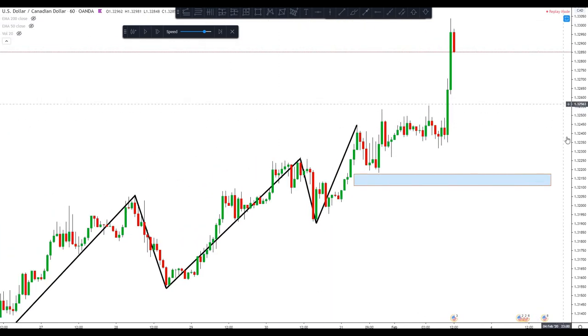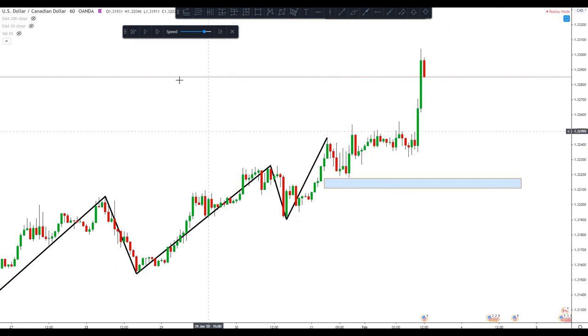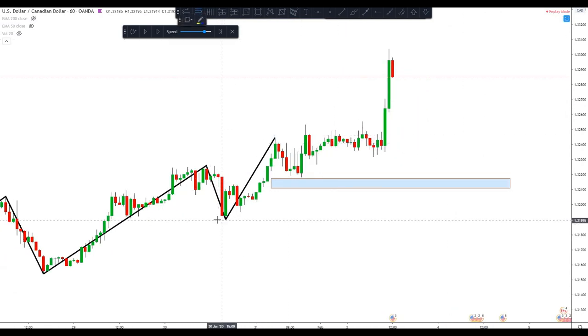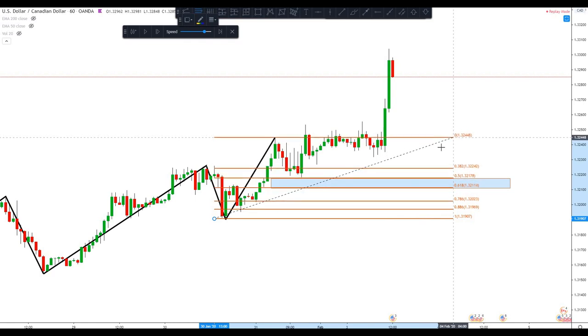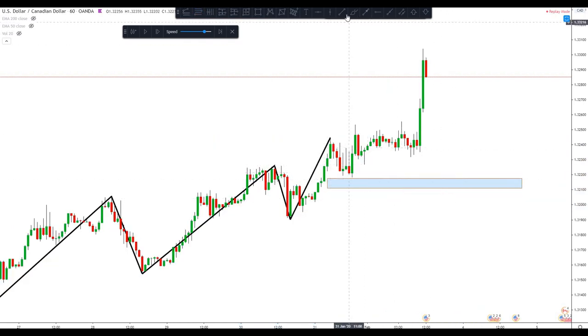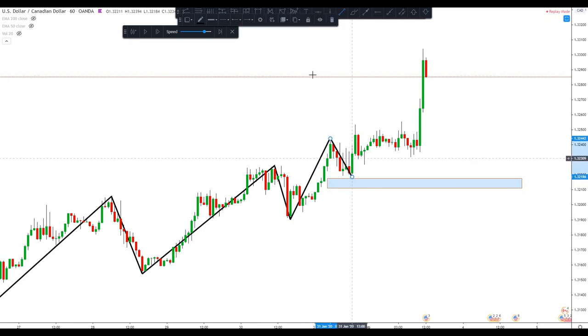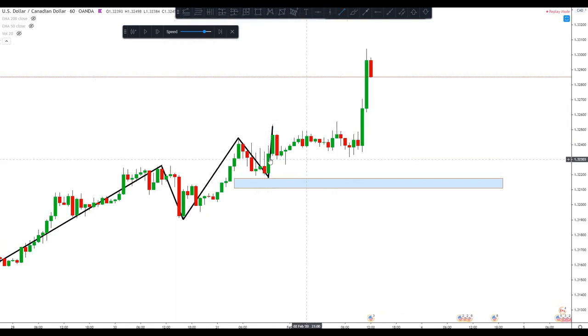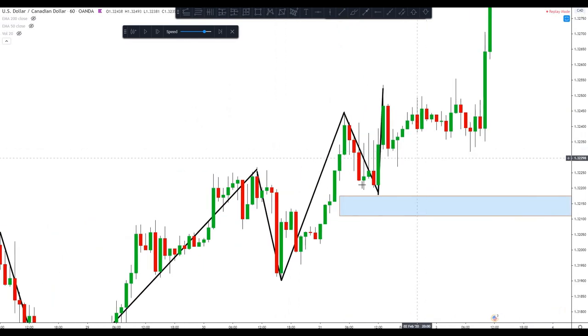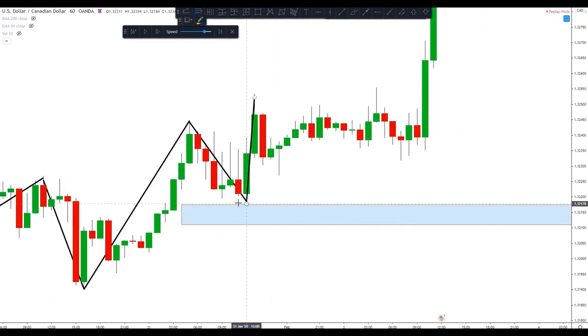Okay, so we did not get the entry here. Let me just double check that. Yeah, so we came very close, but you can see that we did get that higher low and this higher high. And then if we were to go down to a smaller time frame here, this actually probably was a decent trade right here.